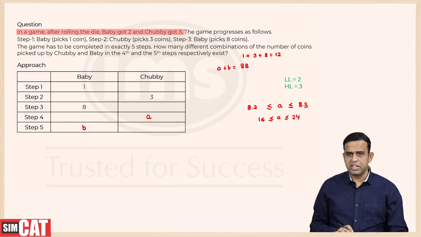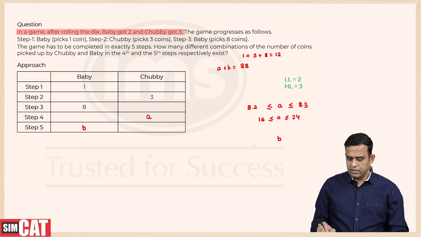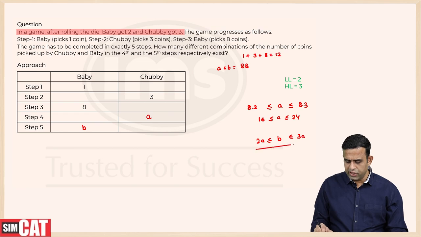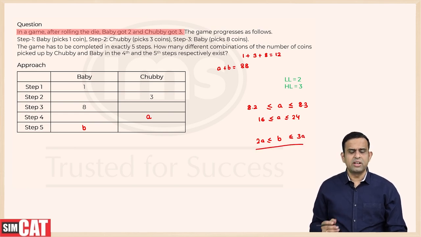Now, what can I say about the value of B? The value of B should be between 2A and 3A. In this particular case, one can do certain hit and trial because the possible values of A could range from 16 to 24. So we have 9 values and we can just see whether these conditions are getting satisfied or not.